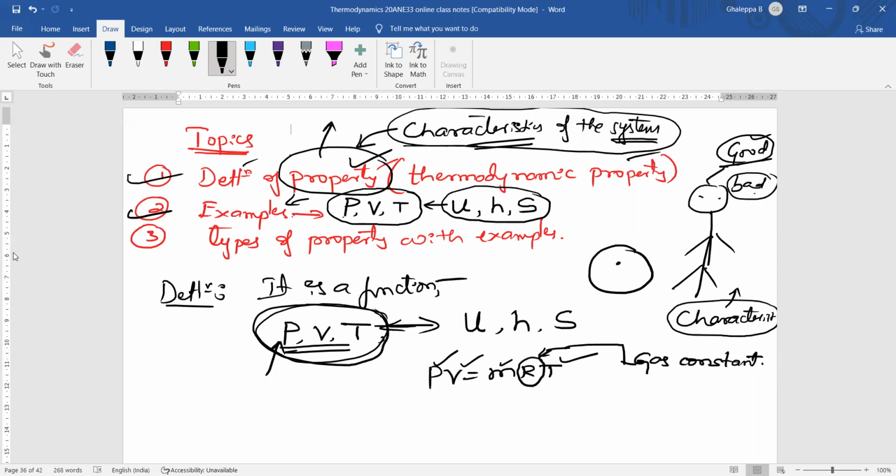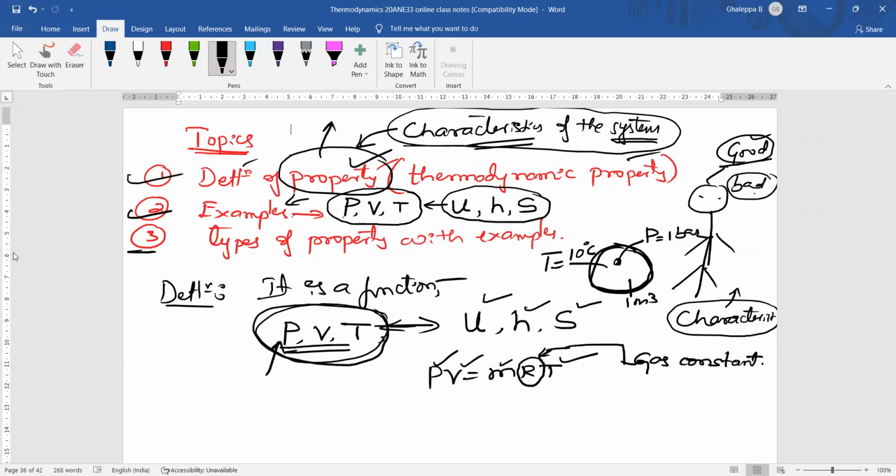Pressure is one property, a parameter, so we say P is equal to 1 bar. Another parameter, the temperature of the system, is 10 degrees Celsius. Volume of the system is 1 meter cube. Similarly, other properties come into the picture: internal energy, enthalpy, and entropy.